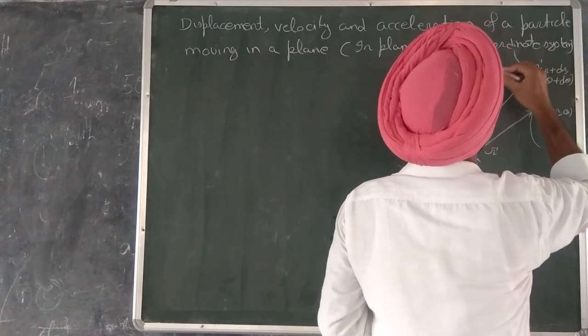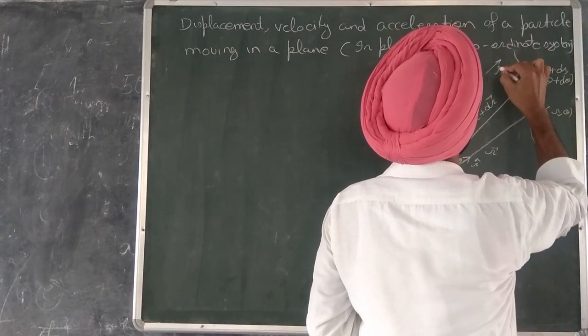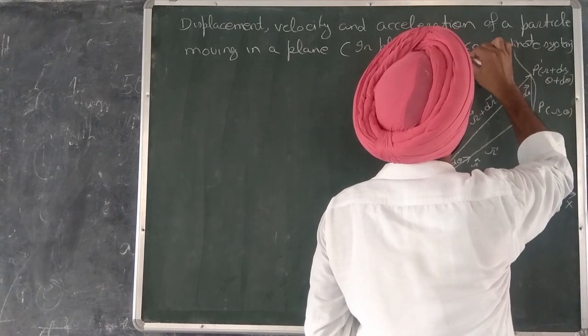Or you can draw it like this: this is unit vector r cap and this, along this direction, is theta cap.